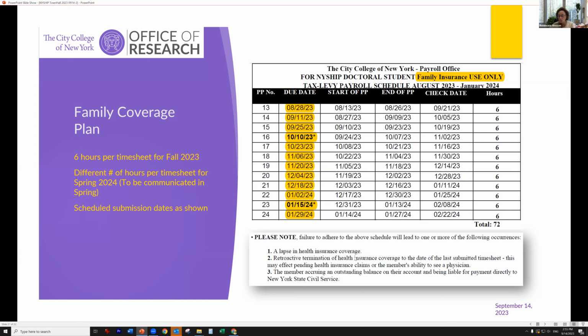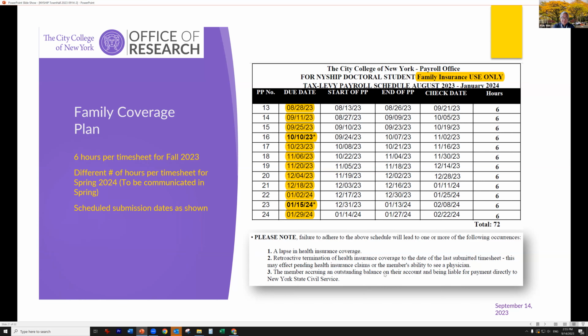So all students need to submit the timesheets, and faculty need to approve the timesheets every two weeks. Otherwise, the student will have an outstanding balance on their account, and that becomes a liability for the student to pay.